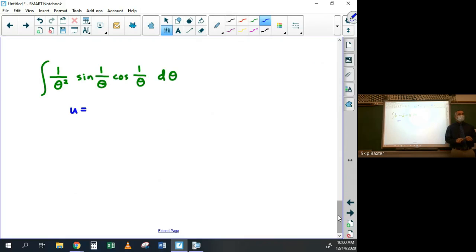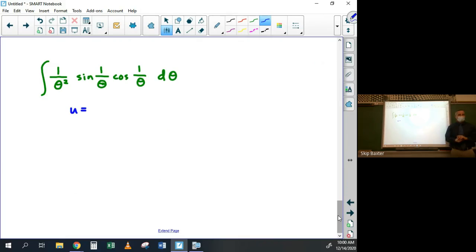Isn't it just theta? It's never going to be just theta. Here's why. Because the derivative of theta would be 1. And if you did all the work, you'd have the exact same integral, except instead of having thetas here, you'd have u's here. So you're not making it any simpler by letting u be theta. Does that make sense? You're never, ever going to just have u be theta, because it doesn't help anything.